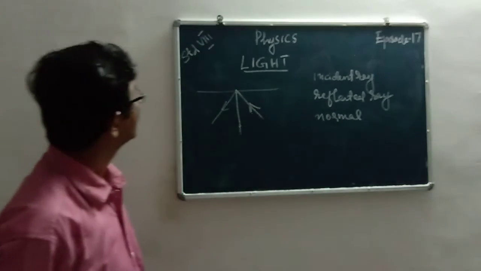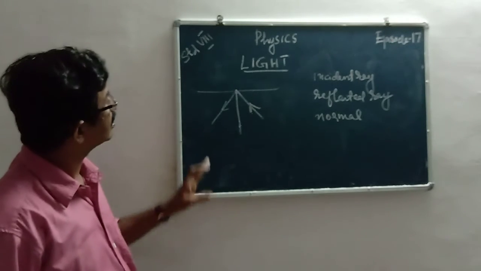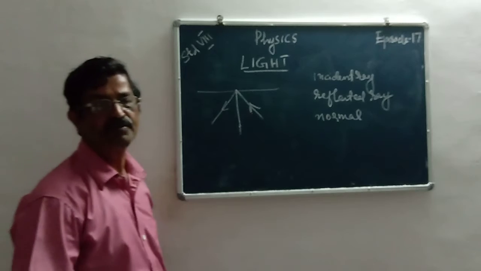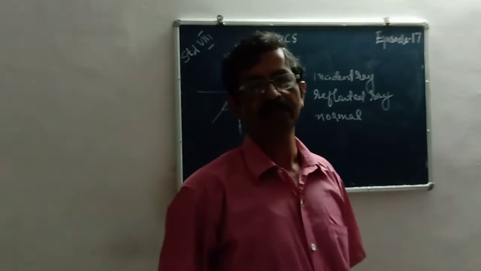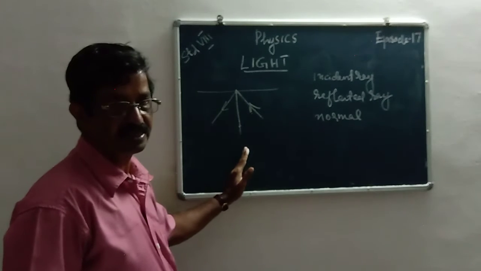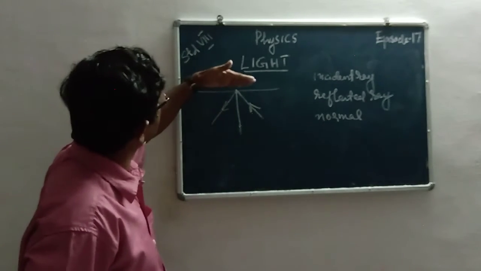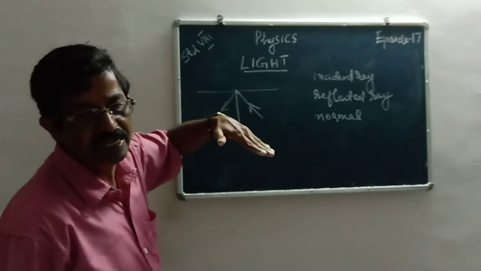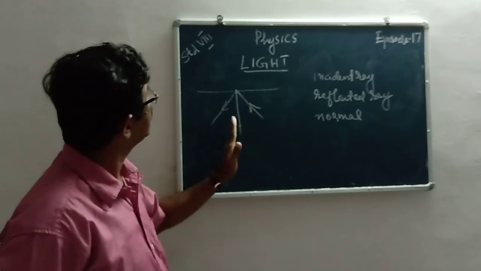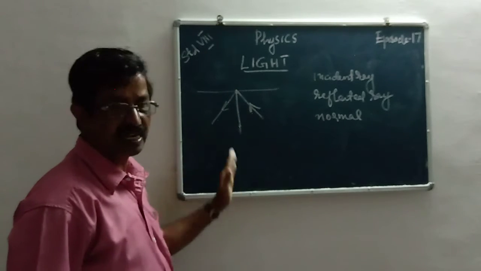For that, we make the above activity with a thick paper, and its middle part we cut. When we place this sheet of paper at one end, the center part of this paper is cut.